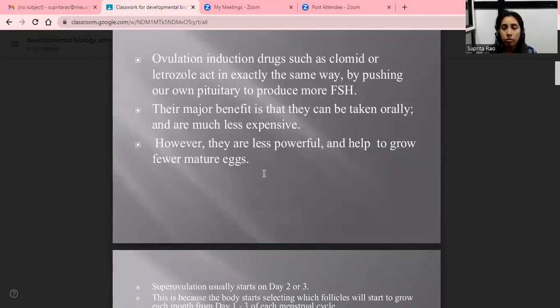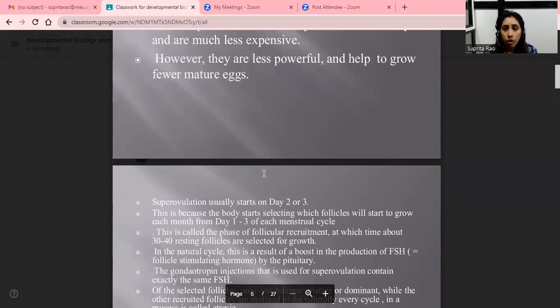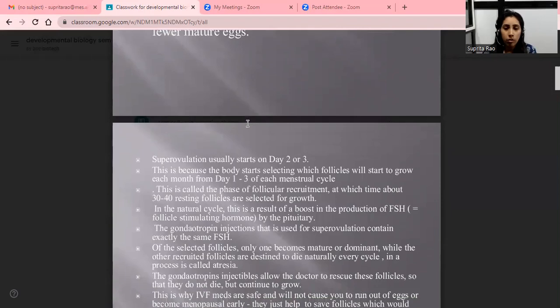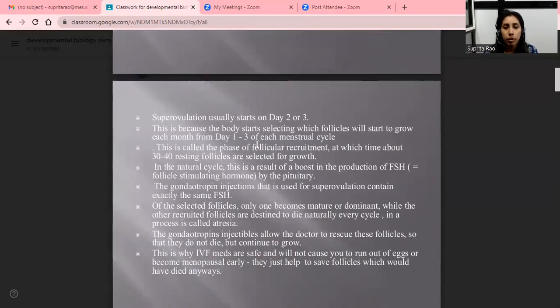Now, the benefit of these drugs is that they are less expensive and can be taken orally, whereas the hormone that we are providing will be injected into the system. But the drawback is that these drugs, Clomid, are not as effective in releasing FSH as directly injecting the hormones.